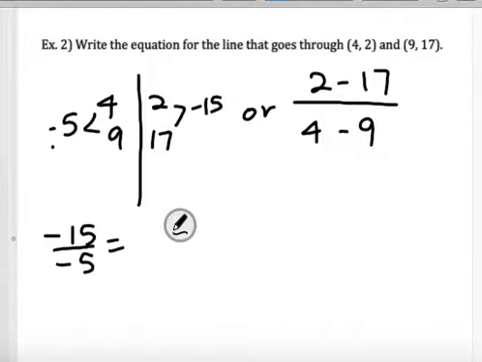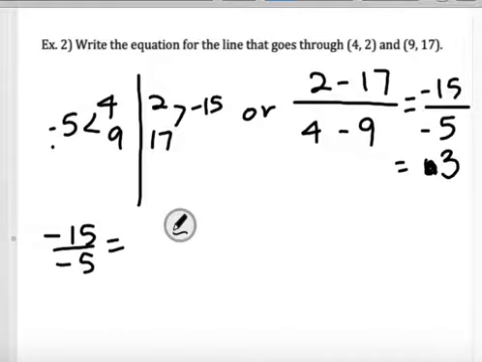Same over here, 2 minus 17, 4 minus 9, negative 15 divided by negative 5. So either way here, my slope is 3.